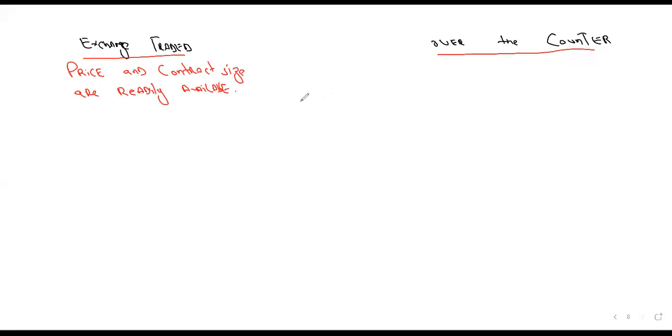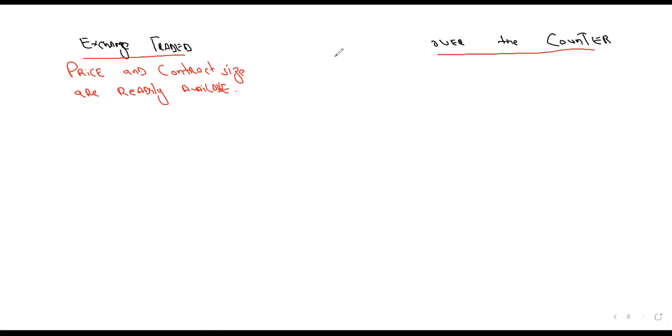The American style option can be exercised anytime before the expiry, and most options are American style options. And the European style options are exercised only at the time of maturity.